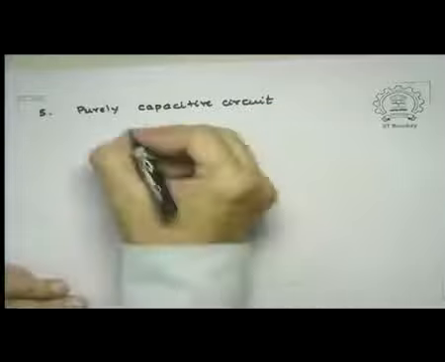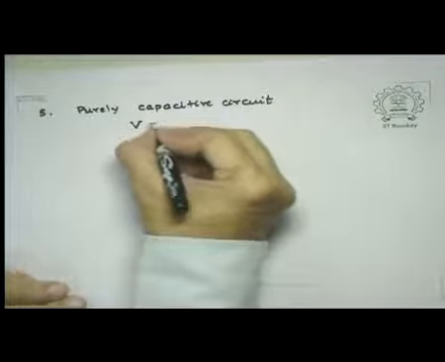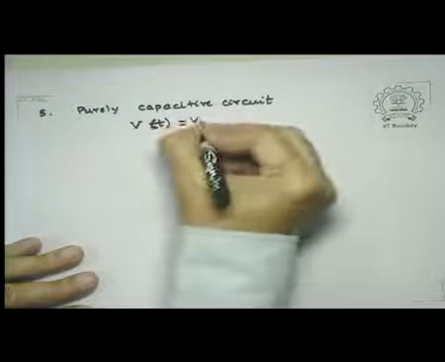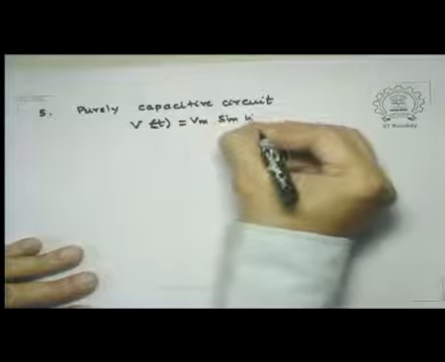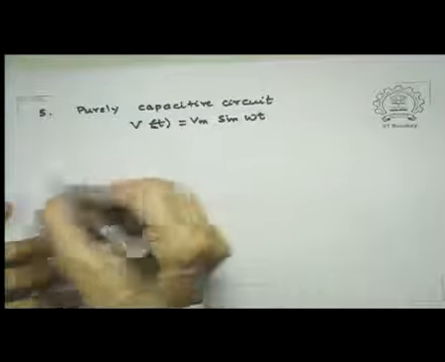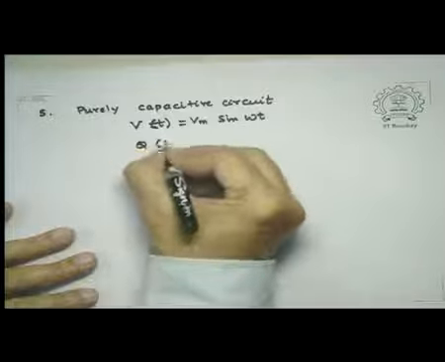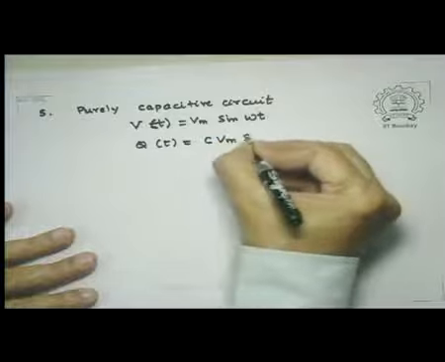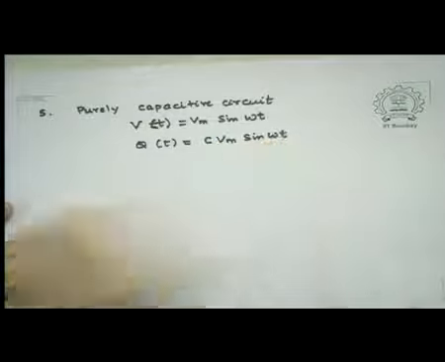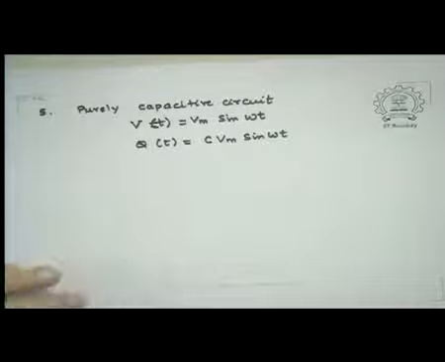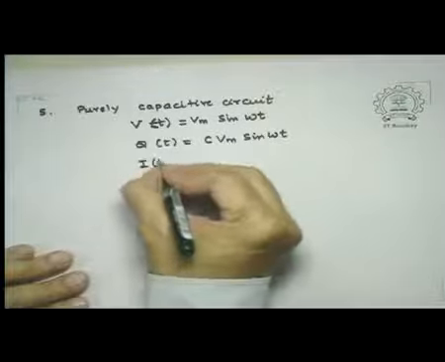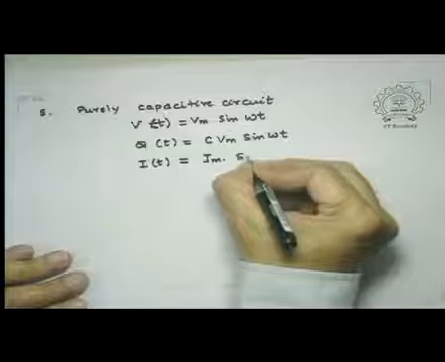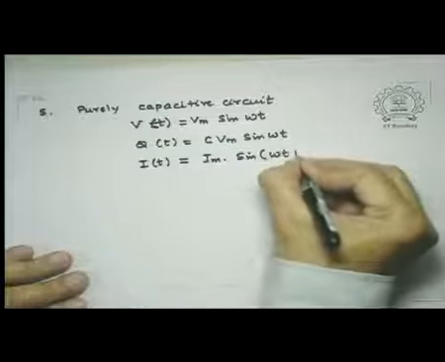In this case, if the voltage across the capacitor V of t is given by Vm sin omega t, then the corresponding charge, if you like, the instantaneous charge is given by C times Vm times sin omega t, and you can obtain the current by differentiating this, and the current at time t is given by Im times sine of omega t plus pi by 2.